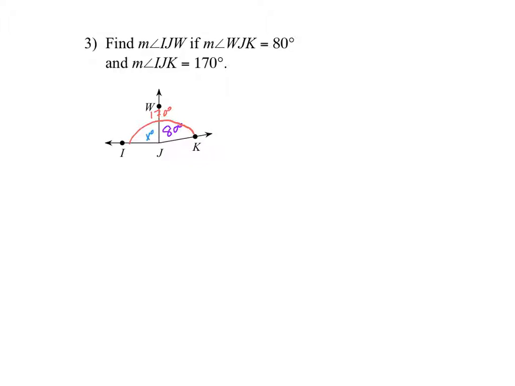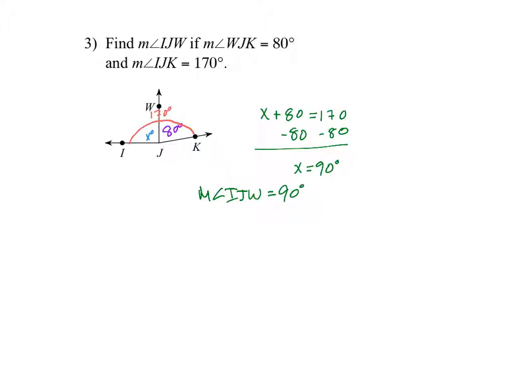So x plus 80 has to equal 170. If I subtract 80 on both sides, I have that x equals 90 degrees. So the measure of angle IJW equals 90 degrees.